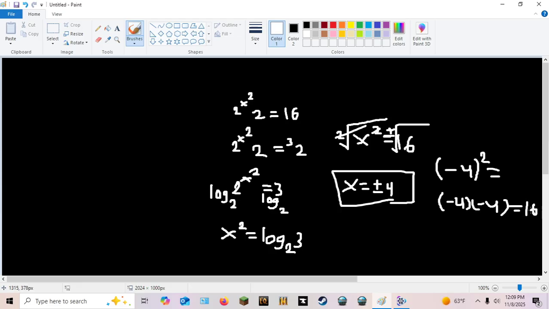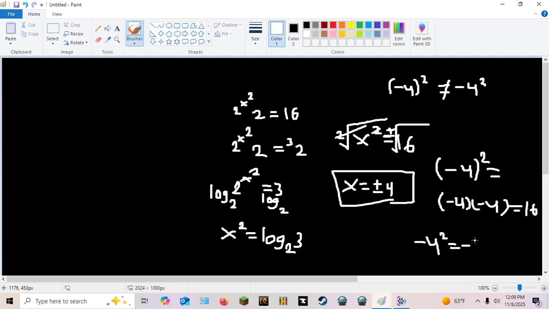But here's the most tricky part. This is not equal to this. I know, confusing, right? Because negative 4 squared without parentheses doesn't apply the negative sign.